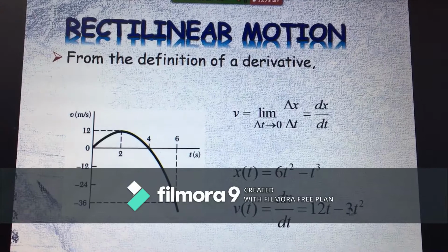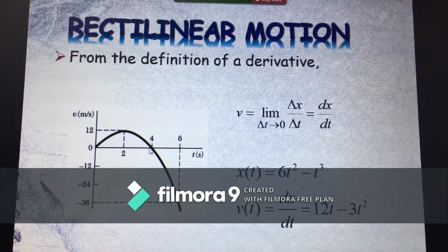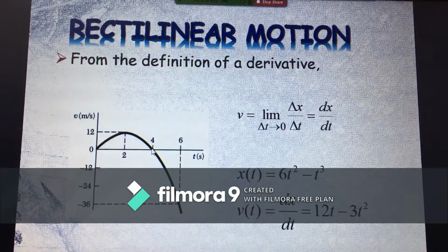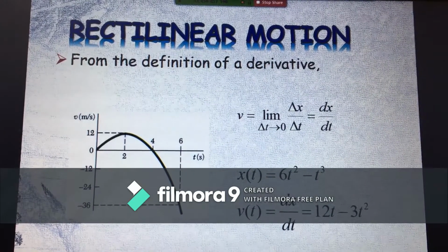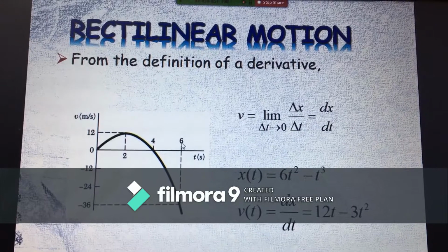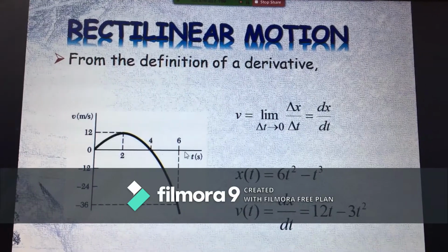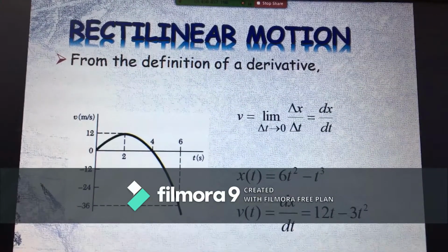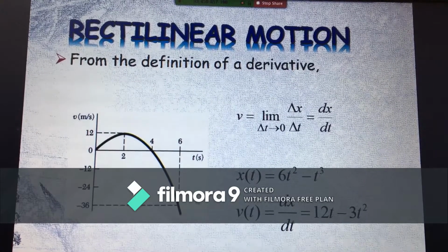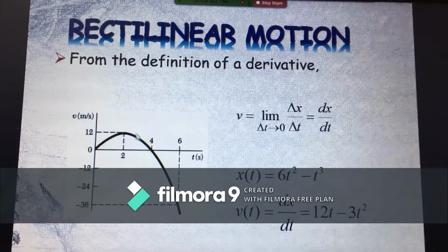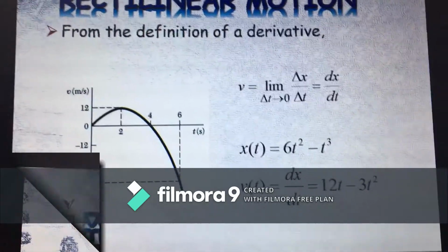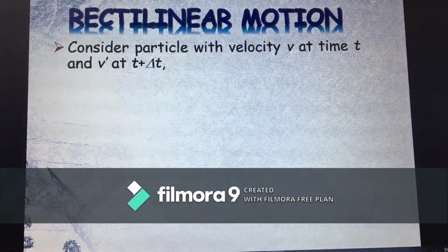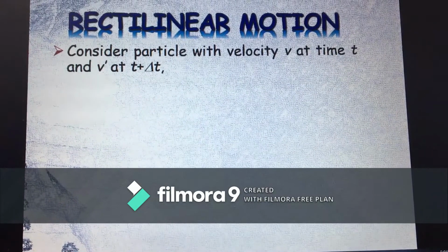So 48 minus 48 is equal to 0. That's why the point is at this point. And when t equal to 6, substitute t equal to 6 here, then you have the velocity equal to minus 36. So that's why we have this graph of the velocity. Okay? Question?